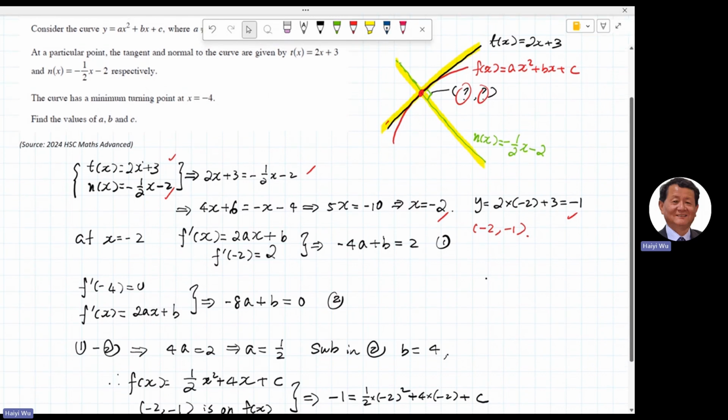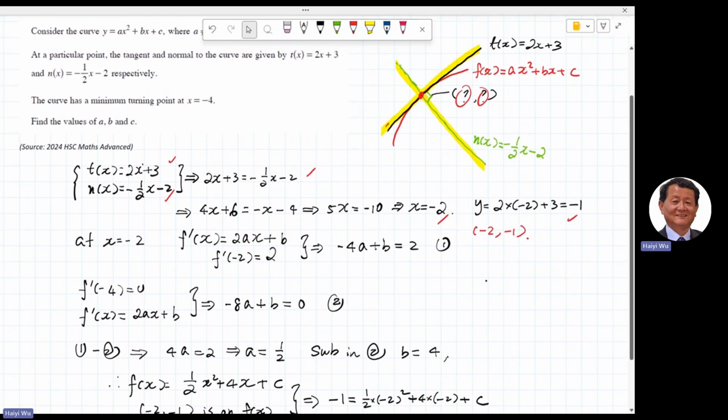Now with the next one, we're going to find a and b. We need to do a simultaneous equation. First, at x equal to -2, the derivative function must be equal to the gradient of the tangent, which is +2.